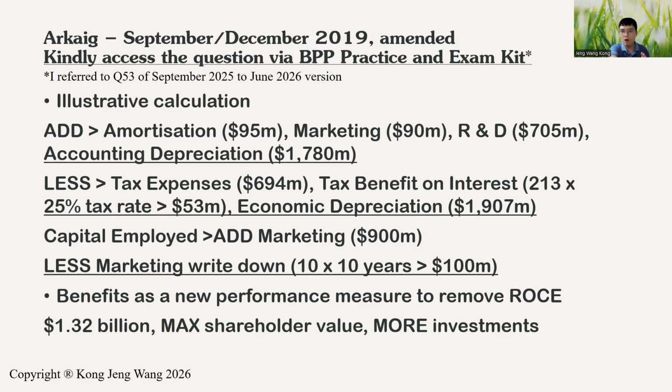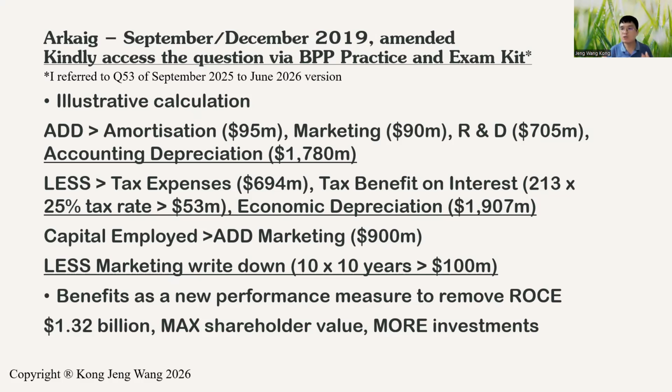And remember, each single adjustment will carry marks, right? So it will eventually help you to get marks. And then do not ignore the analysis, like the second requirement, the benefit as a new performance measure. So you get the figure, although maybe some part of your calculation is wrong, if you follow the EVA calculation flow, you still can get some marks for your working.